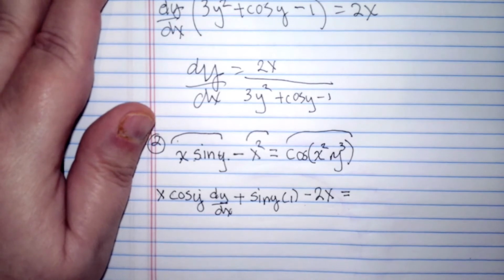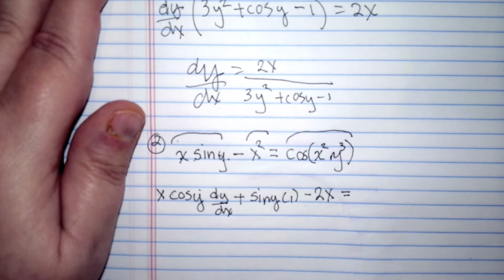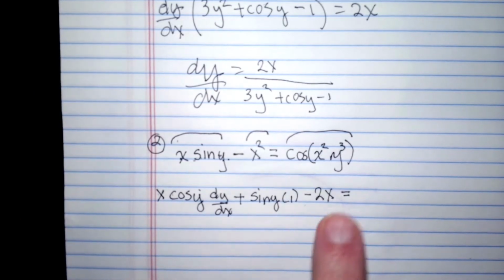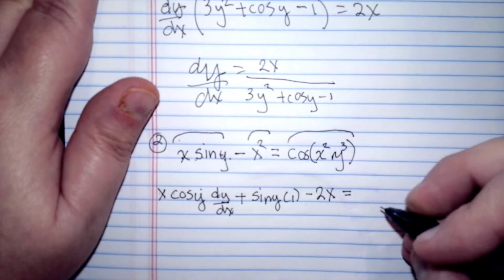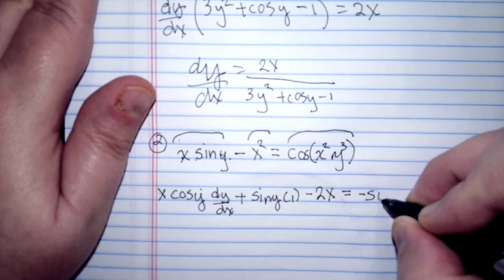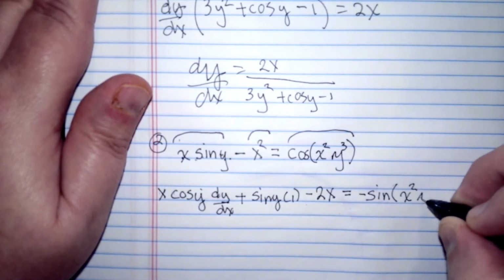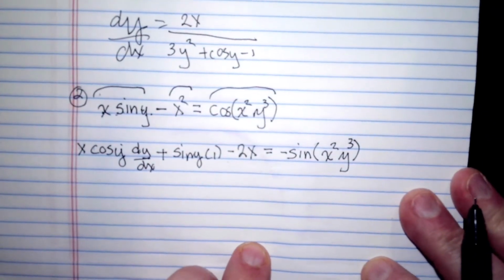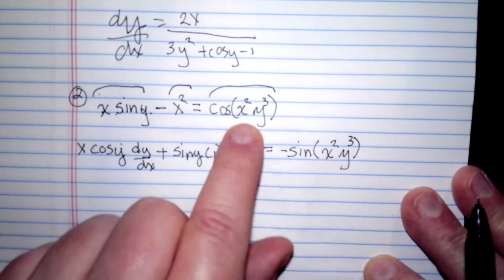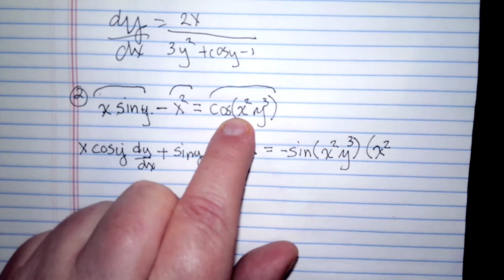And then we go on to the right side. So we've got actually a composition of functions and another product. Differentiate the outside function, and that'll be minus sine of x squared y cubed. And we need to multiply this by the derivative of the inside function, which is going to require us to use the product rule.